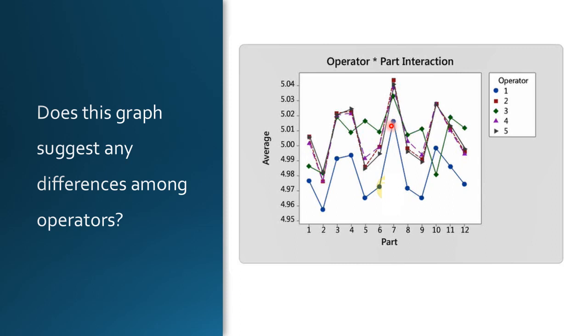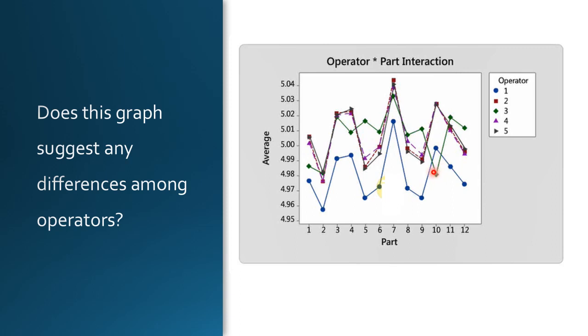Note that without knowing the true measurement, we cannot conclude whether operator 1 is measuring parts correctly. If we did have a reference value, we could conduct a gauge linearity and bias study, which we'll learn about in a later lesson. So now let's look at the results from operator 3.